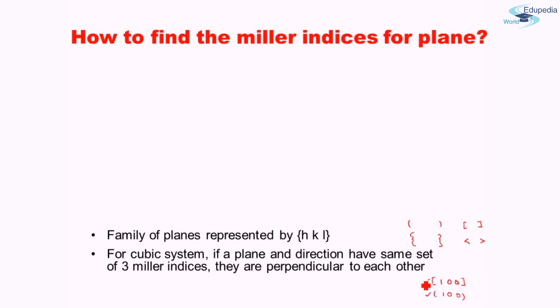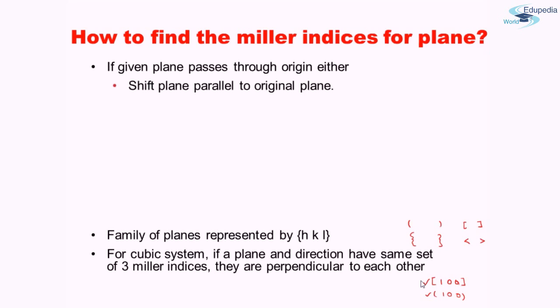Okay, with these short notes, let's get back to how we find Miller indices for a plane. Note that we are discussing the cubic system for the time being. Suppose you are provided with a particular plane, and if that plane whose Miller indices you need to find passes through the origin, then you need to do either of two tasks. Either you can shift the plane parallel to the original plane.